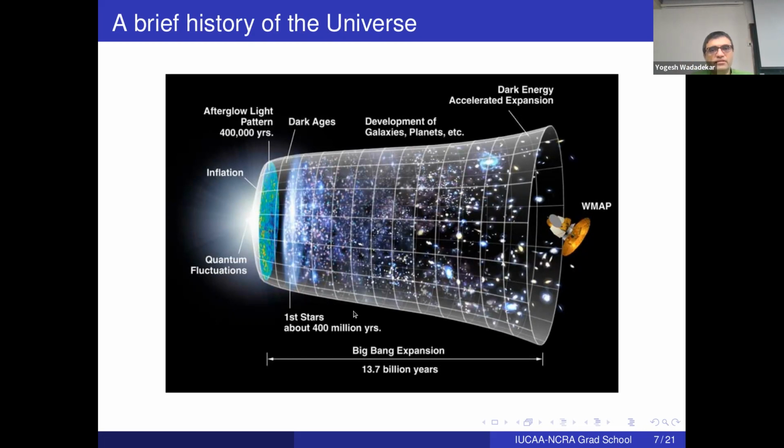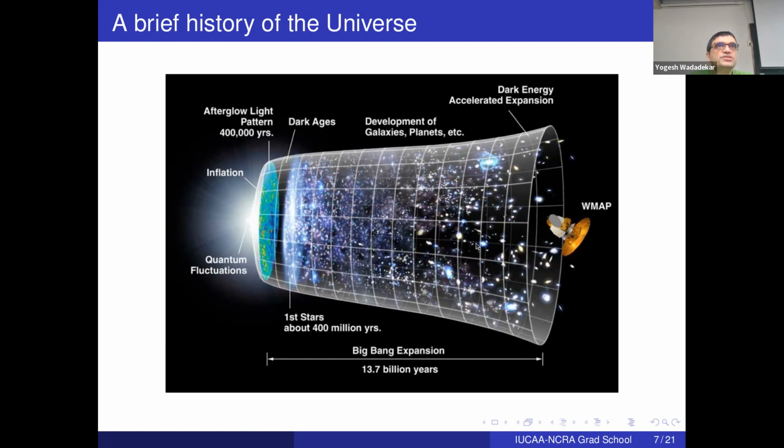We don't know exactly when the first stars formed, but the rough number is about 400 million years after the Big Bang. And then, of course, the story of galaxies began from that point, because the stars went on to build galaxies. The galaxies continued to evolve over time. They continued to form stars.